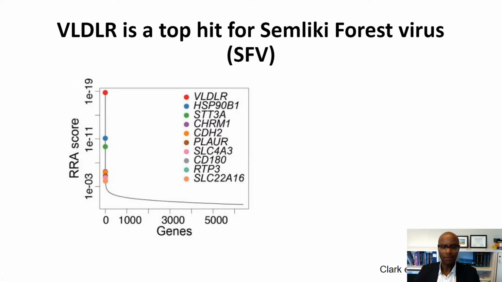So the fact that it was also a receptor for other viruses made us even more confident that it would probably be playing a real role in the entry of this particular alphavirus.